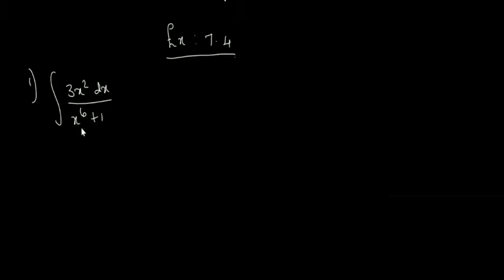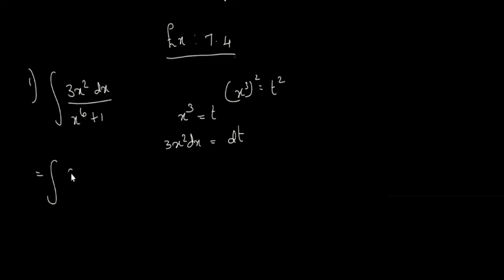Integrate 3x square by x power 6 plus 1. So we can write x cube as t. So you know x power 6 is t square. So differentiate this: 3x square dx is equal to dt. So this will become dt by t square plus 1.